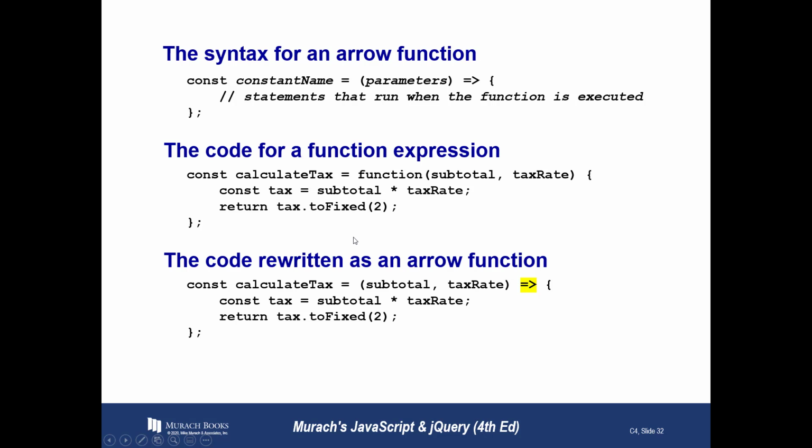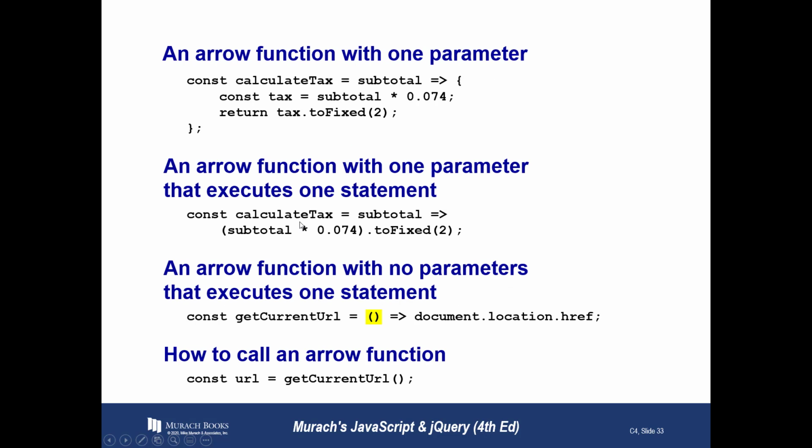And depending on how you write the arrow function, it can lead to fewer lines of code. They're showing you some examples here. Again, you're just being introduced to this, so if it doesn't totally make sense right now, that's to be expected.